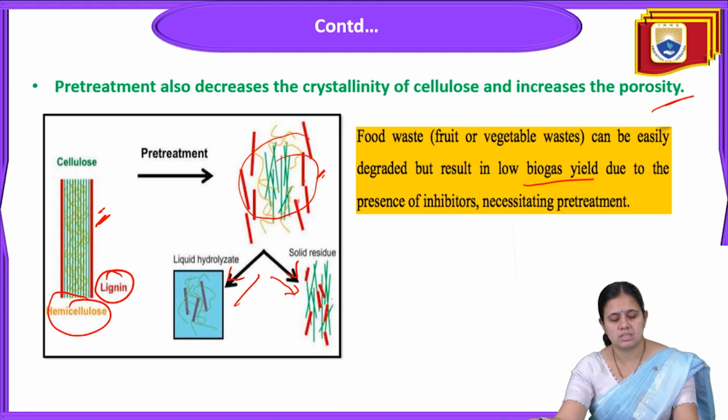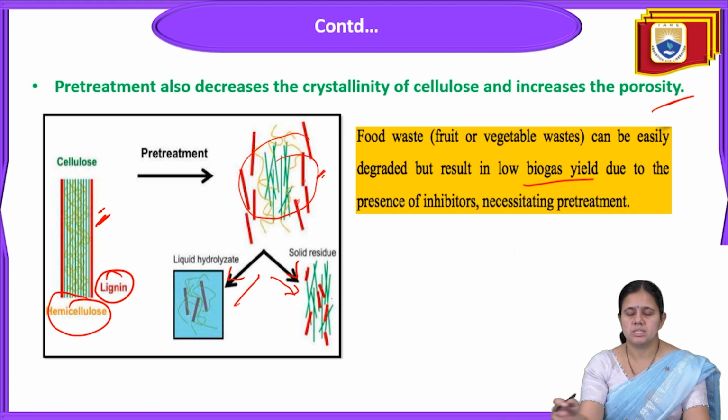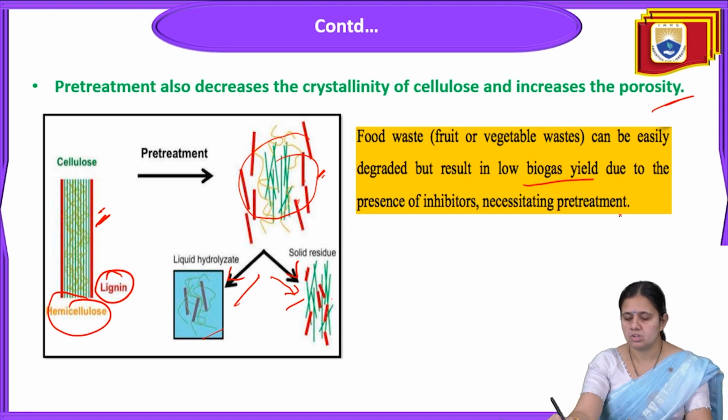The cellulose crystalline structure will be broken down because of this pretreatment process. You can see that this is the picture. After breakdown, liquid and solid will be separated, with the solid residue in one place and the liquid in another. This happens basically for food waste like fruit and vegetable waste.